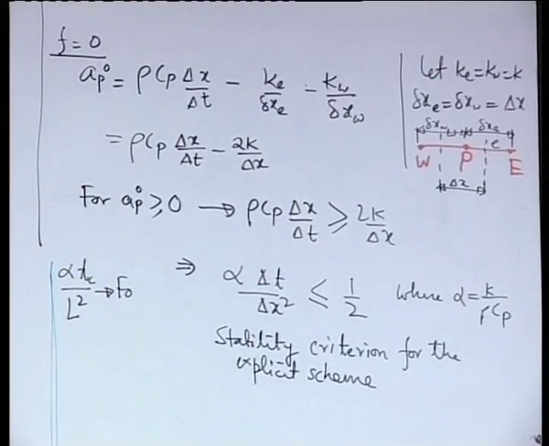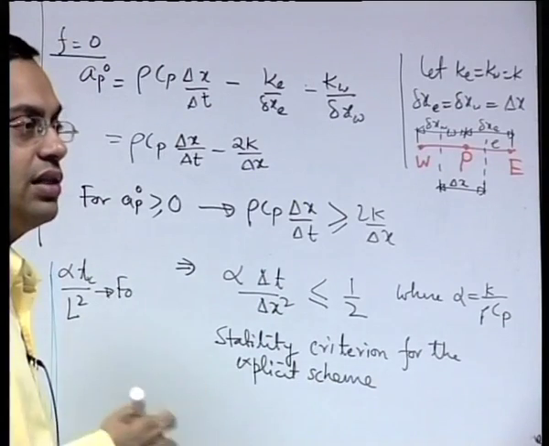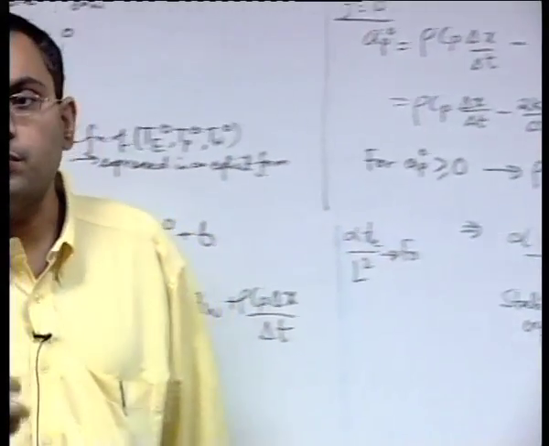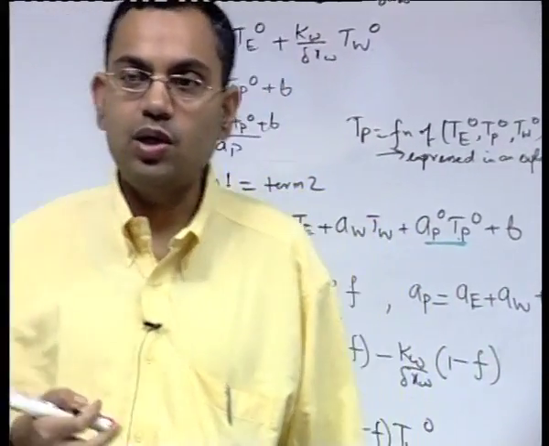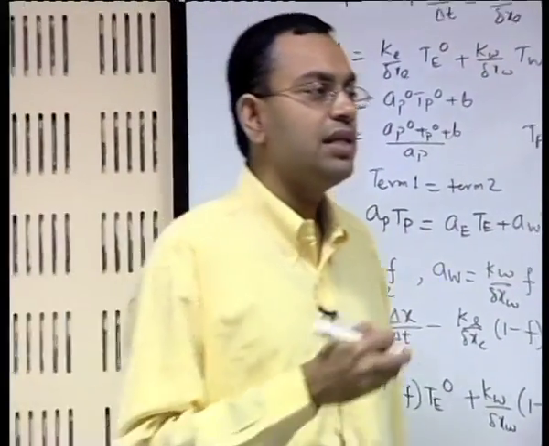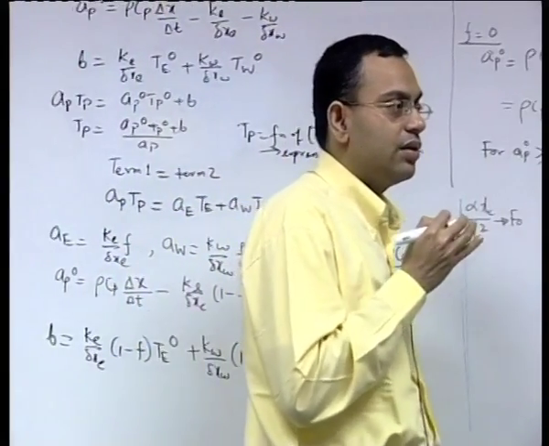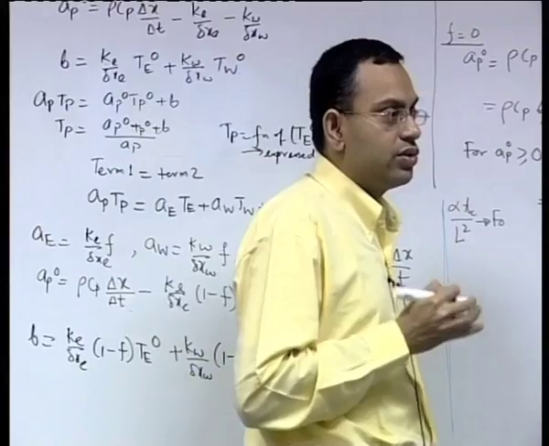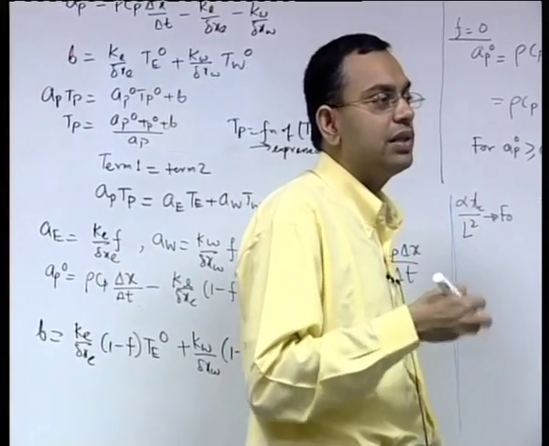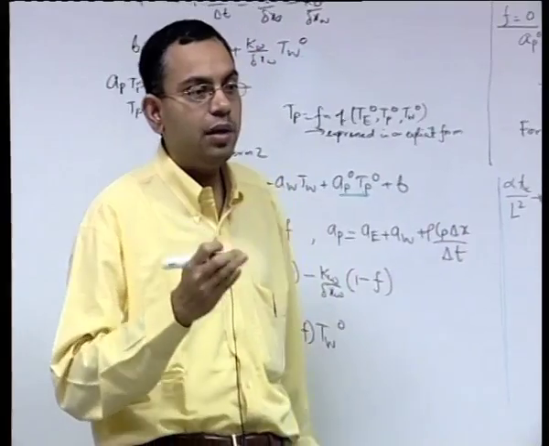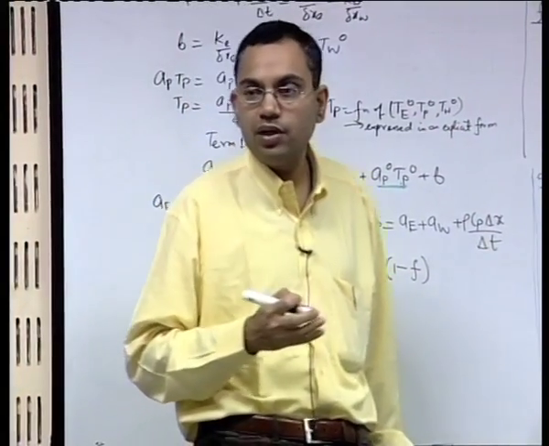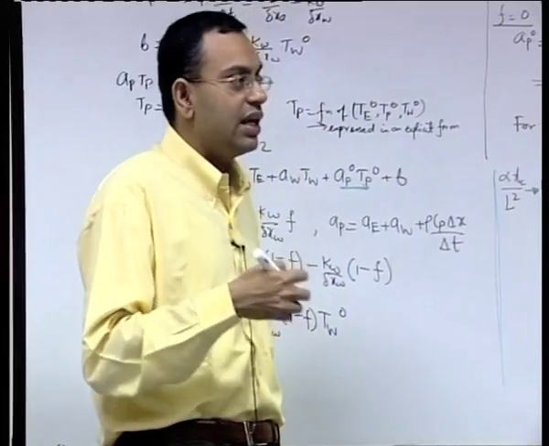So, what do we mean by stability here? When you are doing any numerical calculations, the calculations are susceptible to round off errors, because you may not be able to represent the number with limited decimal points as the correct number. So, there will be some approximate representation of the number because of the limited number of digits beyond the decimal point that you can use. That is an error.